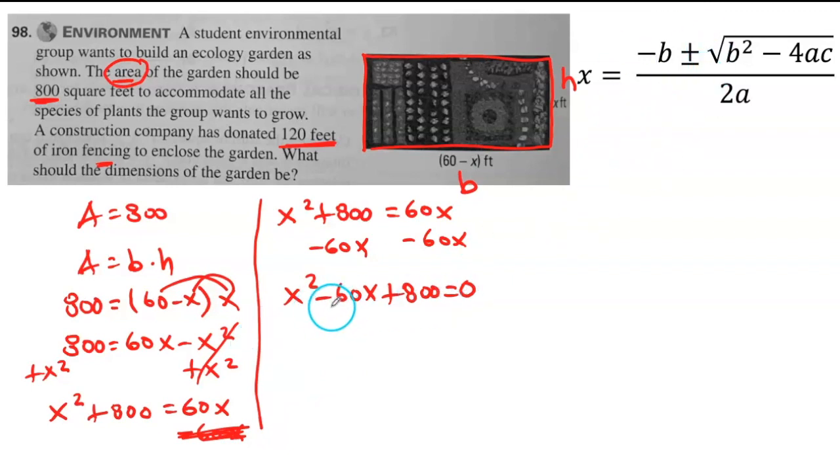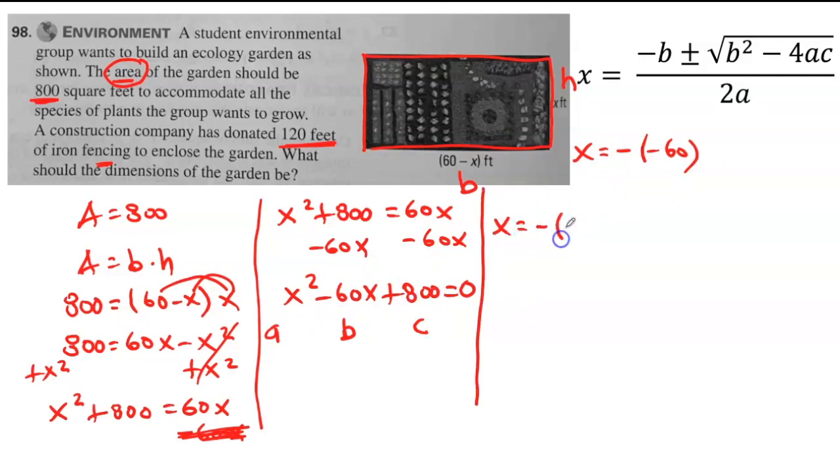Either you factor or you apply the quadratic formula. It doesn't matter which one you use. In this case, probably you can factor this out, but let's apply the quadratic. Remember, a is in front of the x squared, b in front of the x, c is your constant. Negative b. So it's negative from here, but the b is also negative. Be careful. So you have double negatives right there. Okay?